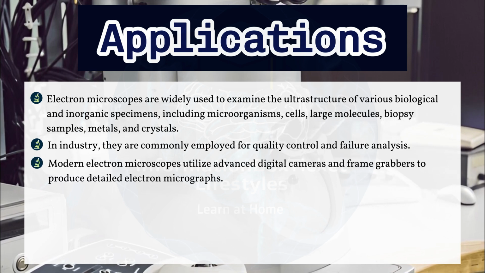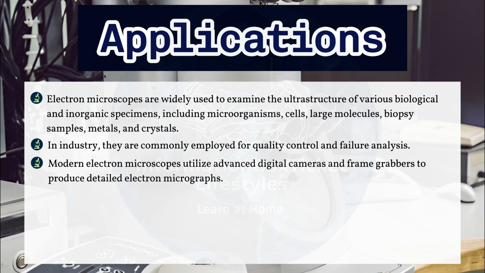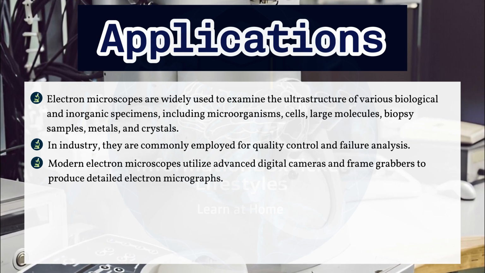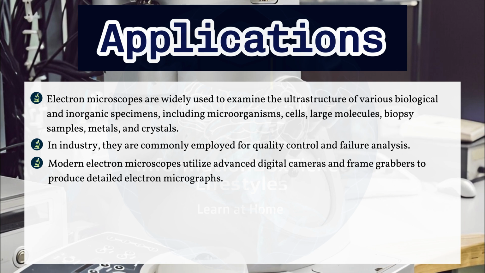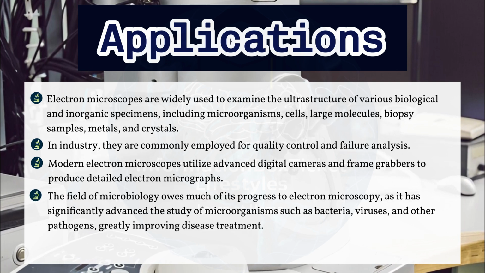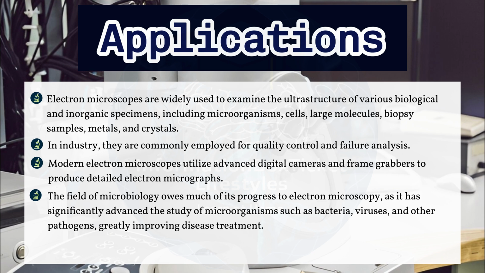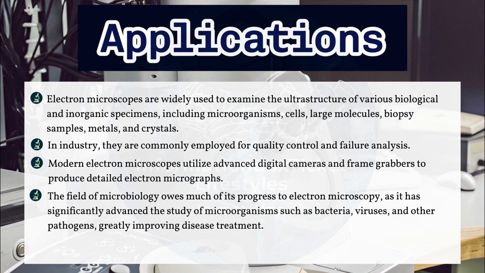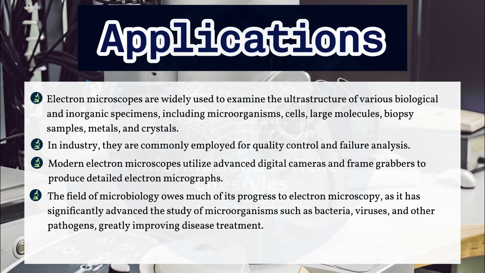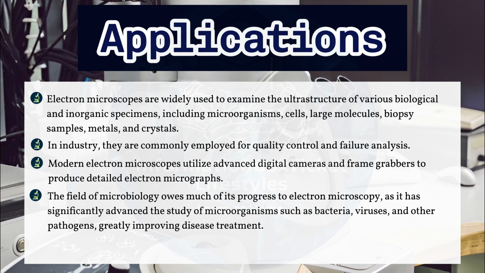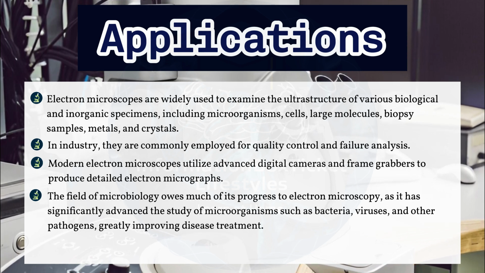Modern electron microscopes utilize advanced digital cameras and frame grabbers to produce detailed electron micrographs. The field of microbiology owes much of its progress to electron microscopy, as it has significantly advanced the study of microorganisms such as bacteria, viruses, and other pathogens, greatly improving disease treatment.